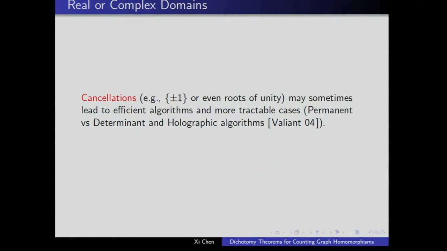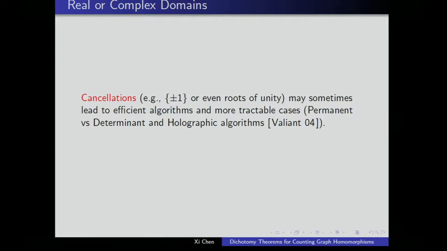Now, after non-negative matrices, it's natural to move on to real or complex weights. And once you move to real or complex weights, you get cancellations. This monster of cancellations shows up. Cancellations sometimes lead to very efficient algorithms, such as algorithms for determinants and holographic algorithms by Valiant in 2004.